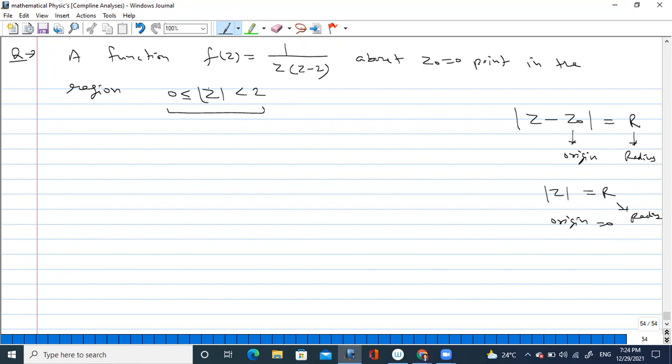Okay, here it is shown that mod z is less than 2 and greater than 0. It means this is a circle of radius 2, because mod z is less than 2. So definitely just inside that your radius is there. So you can just draw it that it is 2 only, and it is starting from 0.